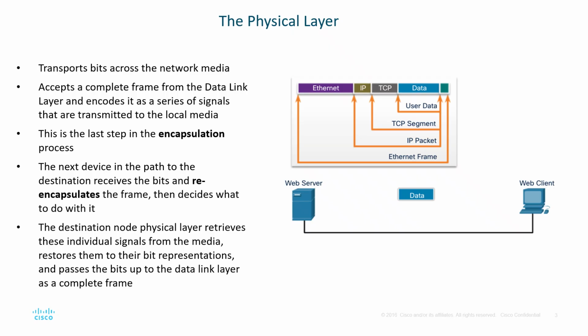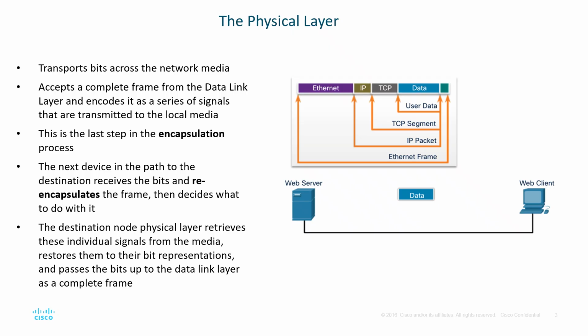The next device in the path to the destination receives the bits and re-encapsulates the frame, then decides what to do with it. Again, I've spoken about this numerous times in class, the router. As it traverses the network, the router needs to unencapsulate it to find out its information, which is the IP addressing destination.